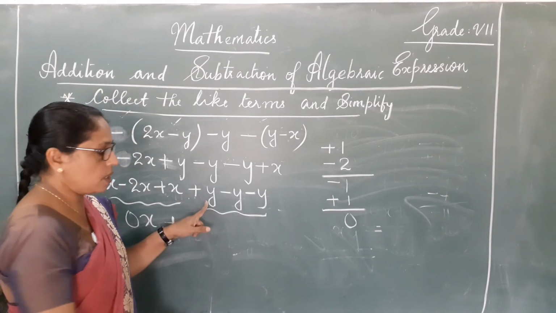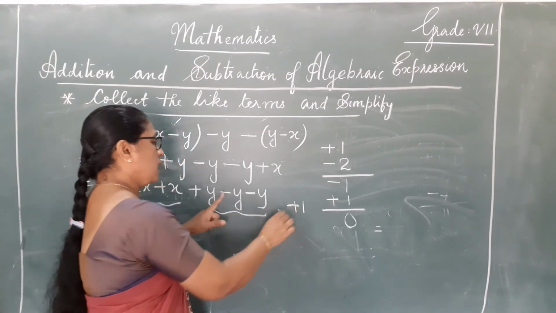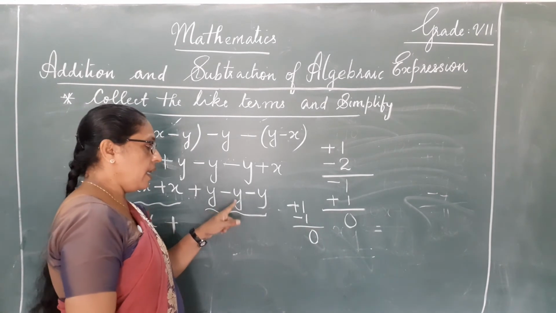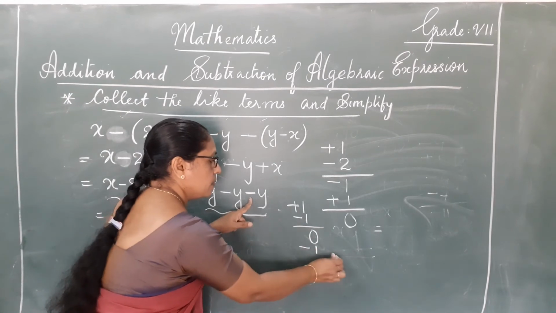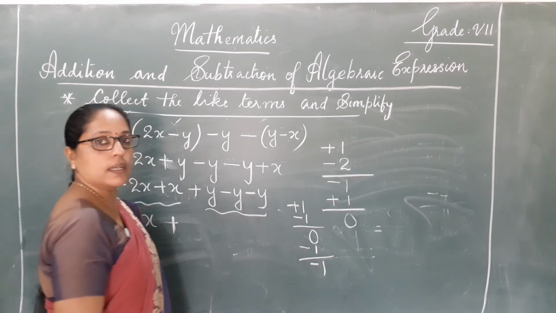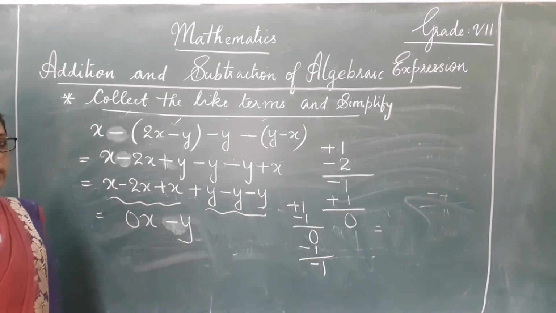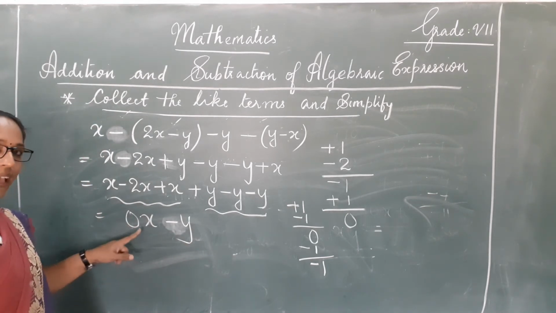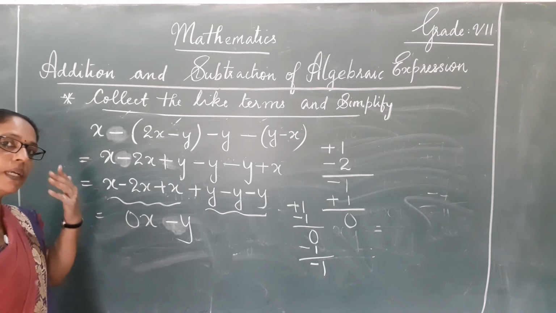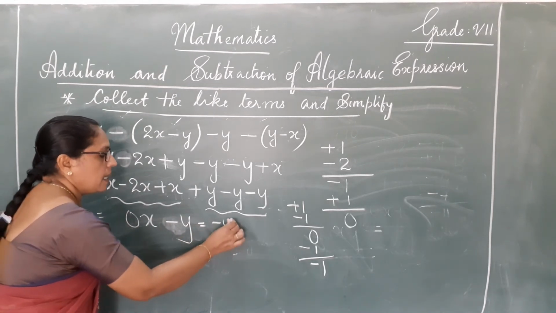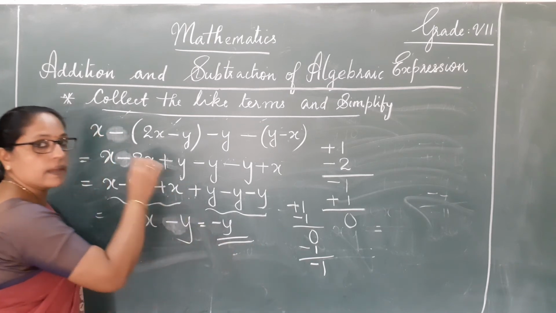Here positive 1, here negative 1, so it becomes 0. Then again negative 1, so it becomes negative 1. The x variable's numerical coefficient has become 0, which means it is not existing. We can write the answer as negative y.